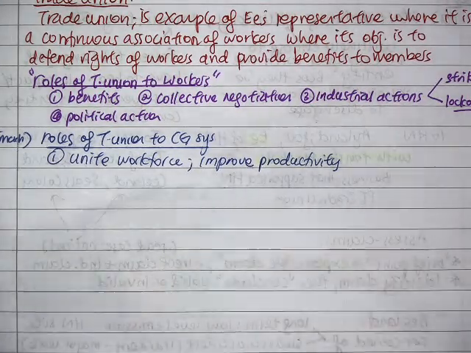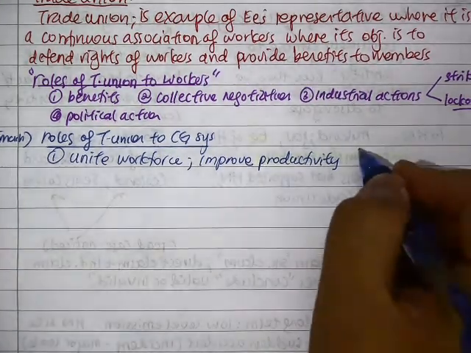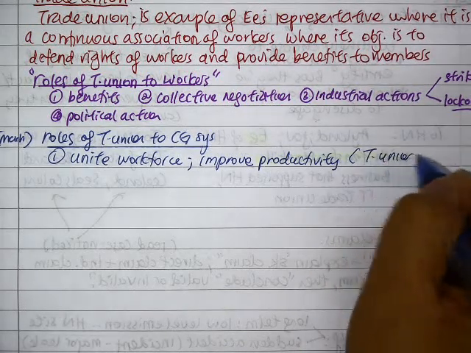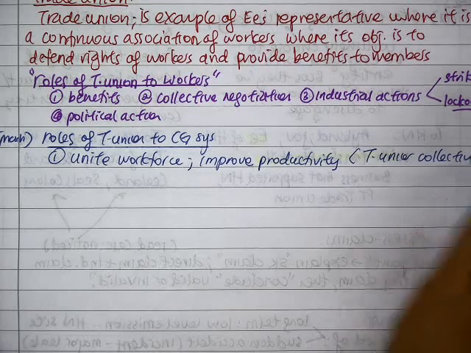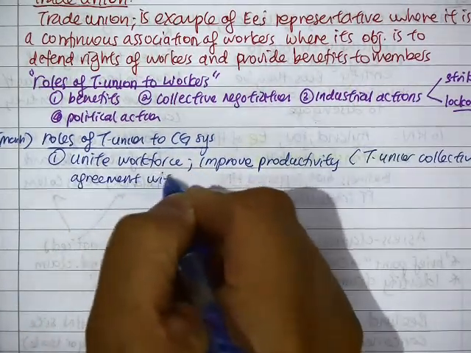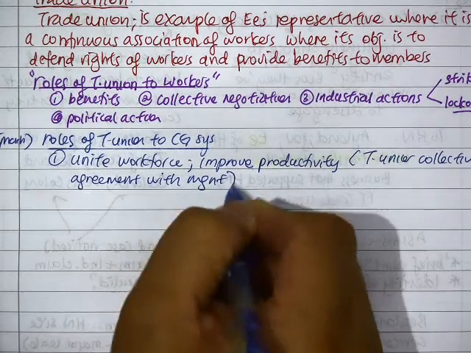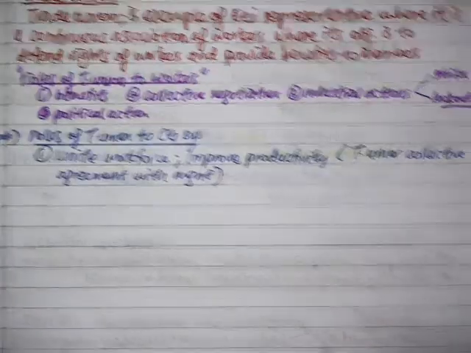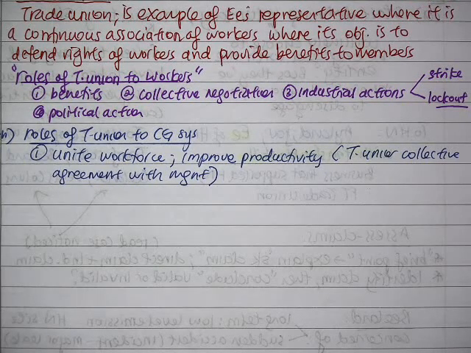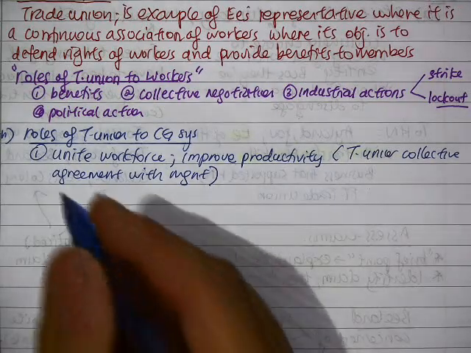For example, the union had a collective agreement with the management. And because this is a collective agreement, you are going to come back and tell all the workers to follow. So this is how they will actually improve productivity.